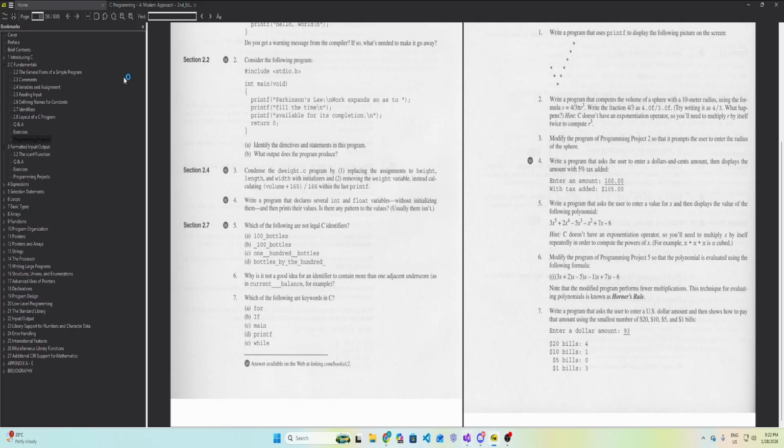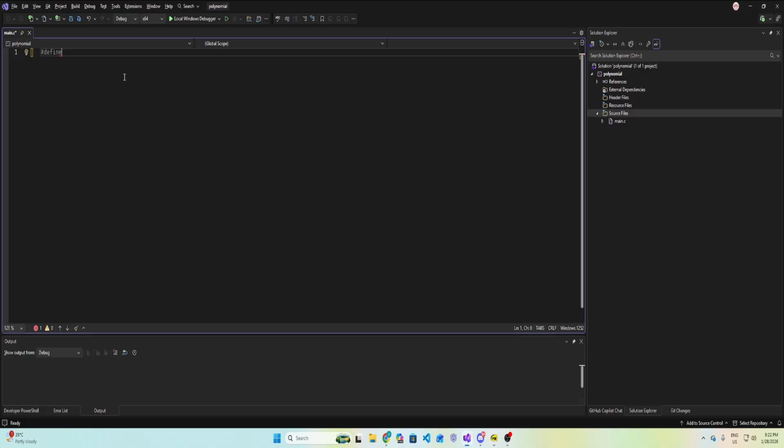Define. Are we going to scan though? Yes, because the user is going to enter a value. CRT secure no warnings. Okay. Now we have that out of the way. Include.